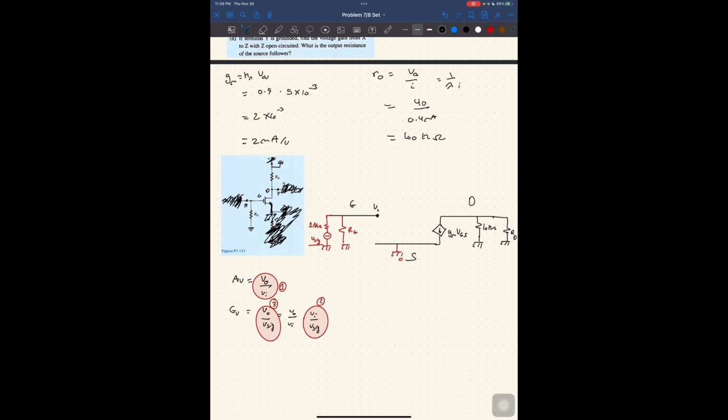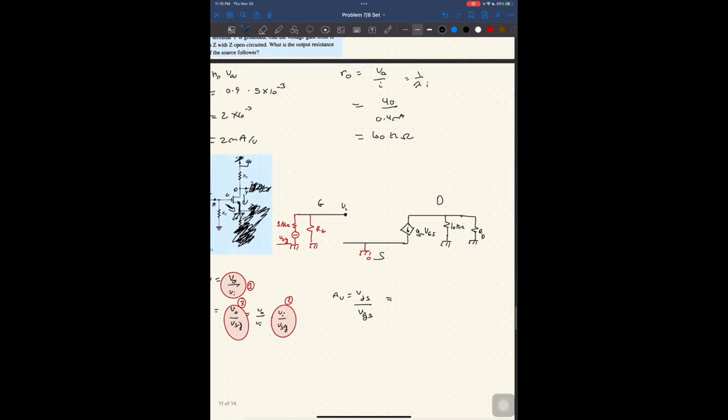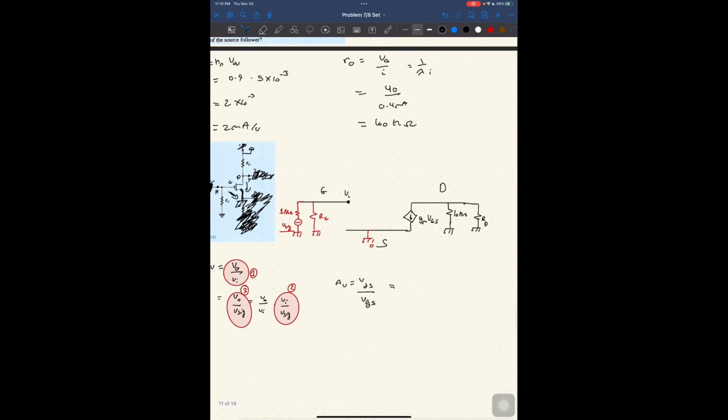And so my S is 0, and so my voltage output is VDS, so AV is equal to VDS over my voltage input, which is with respect to G, so VGS, because S is 0 in this case, right? And VDS is this thing, the voltage with respect to here.